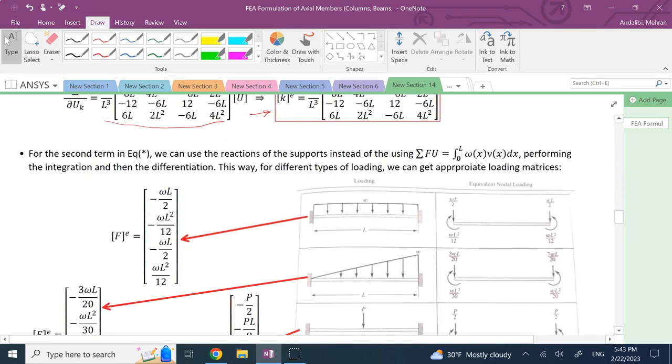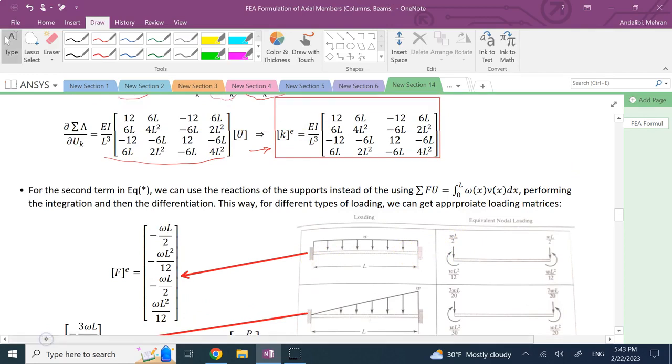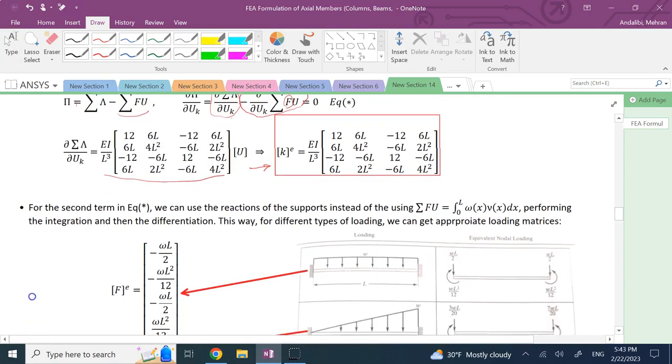For the second term, what I do, I look at the reactions of the two sides of an element, and from there I can find what? I can find basically the forces. Or you might say, no, I really want to carry the second one the same way that I did the first one.